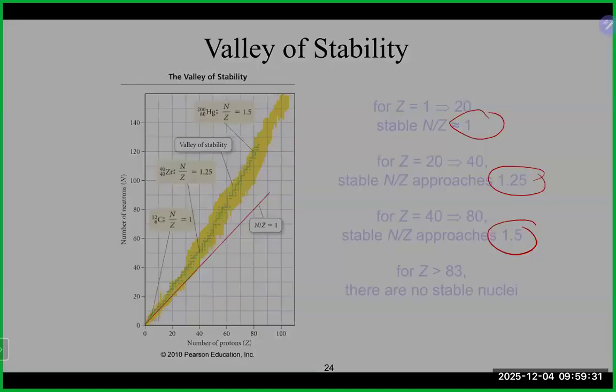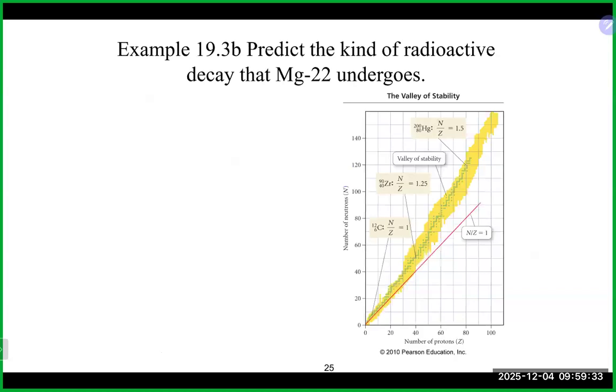All right, so let's take a look here. Let's take a look at magnesium 22. And 22 is the mass number. Once again, here we could go to the periodic table and grab our atomic number, 12. We're looking for our N to Z ratio here. And our N to Z ratio is number of neutrons.